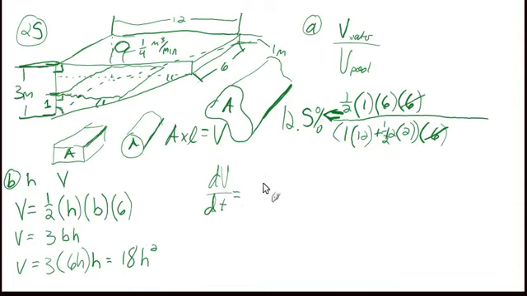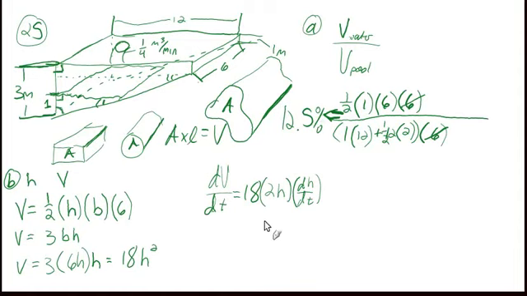The constant multiple rule tells us to pull the 18 to the side and multiply it by this derivative. And we should be thinking chain rule. The derivative of the outside, something squared, is 2 times that something to the first, multiplied by the derivative of the inside, which is the derivative of the height with respect to time.